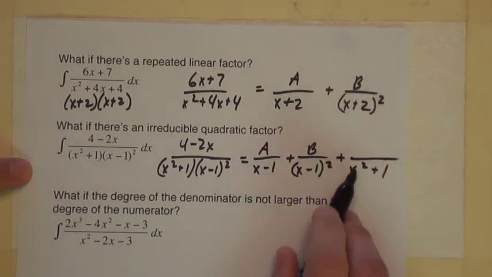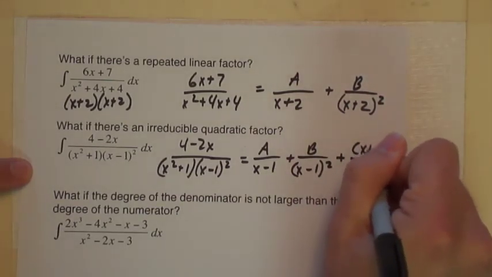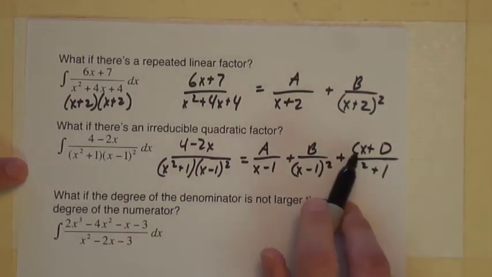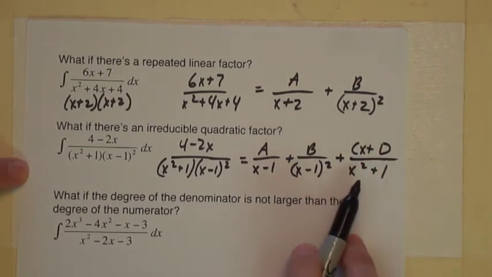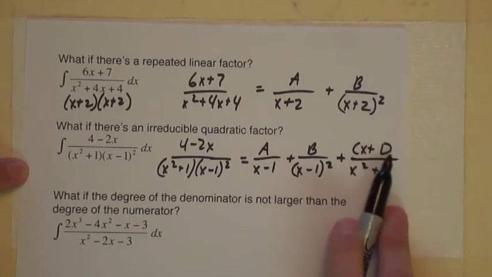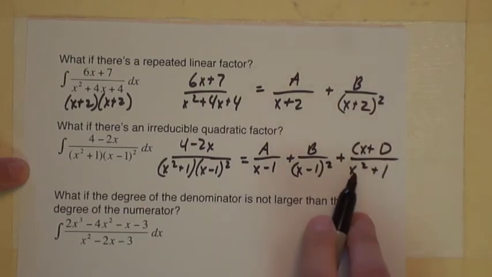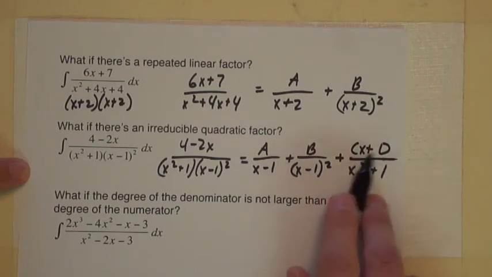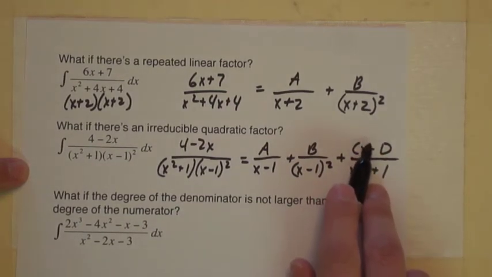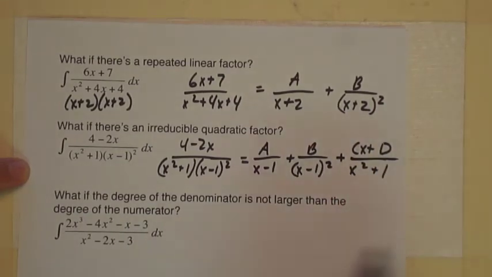So what do you do at the top? It turns out that on the top, in this case, you can't just put a number like a, b, c, or d. You have to put cx plus d. That's because the most generic thing with lower degree than x squared is a linear expression like cx to the 1 plus d.